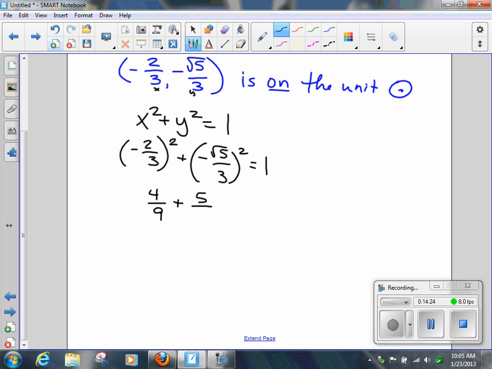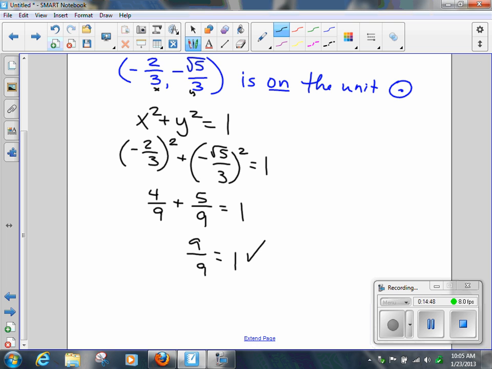Over 9. What's 4/9 plus 5/9? 9/9. Is 9/9 equal to 1? Yes. We just proved that this point, negative 2/3, negative root 5/3, is on the unit circle.